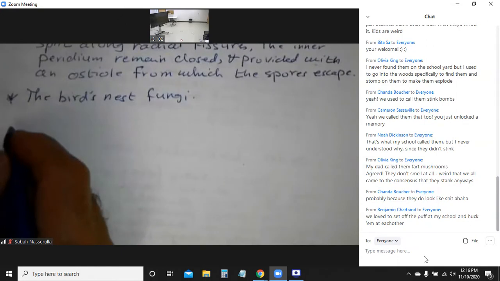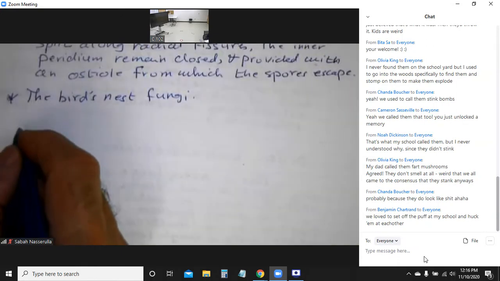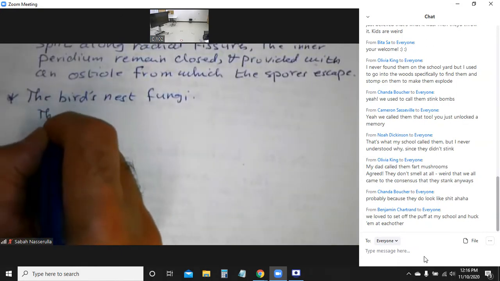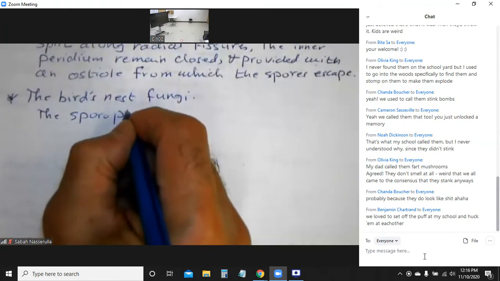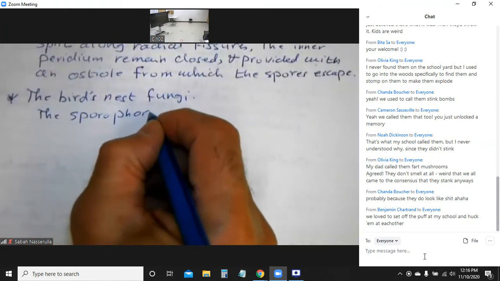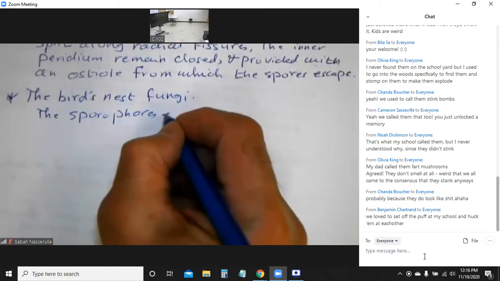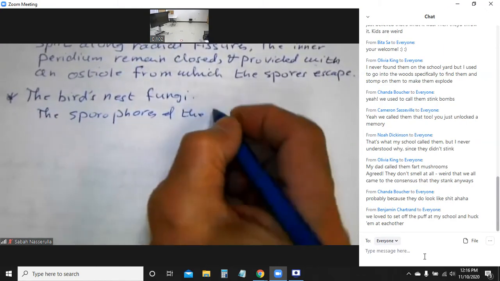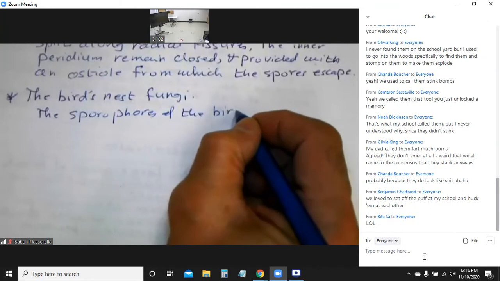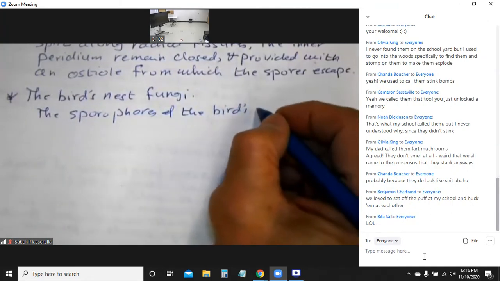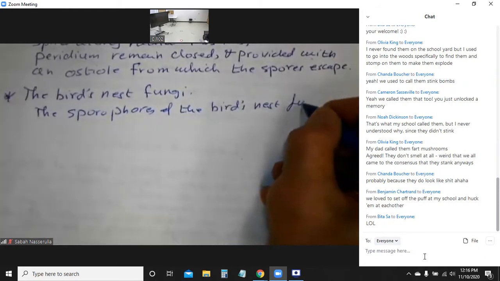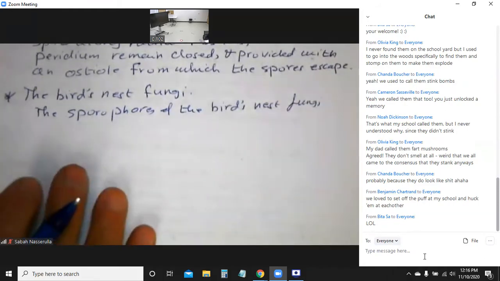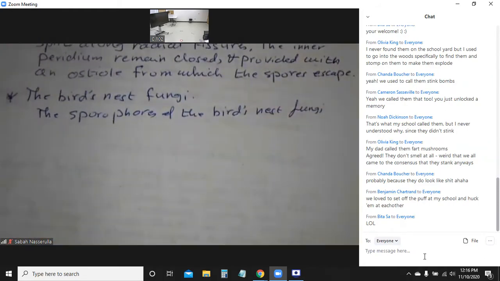Just to talk about the sporophores of the bird's nest fungi: they are cups. That's the cup you see.